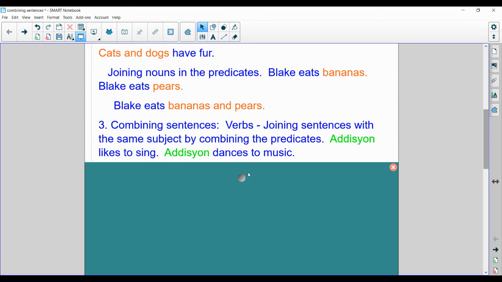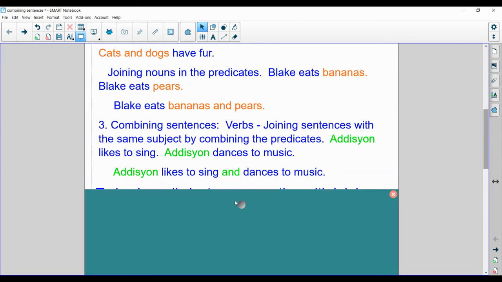Addison is the same subject, but the verb and the predicate are different. So likes is my verb, dances is my verb, but these are two things that Addison likes to do, so I can make it one sentence. Addison likes to sing and dances to music. I have one better sentence, joining our two predicates with and.